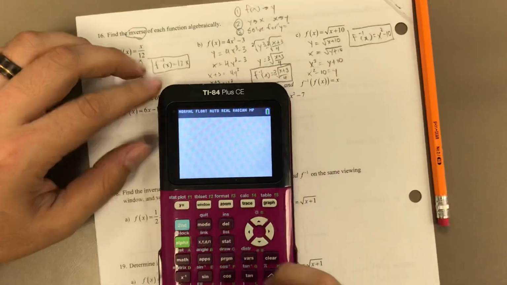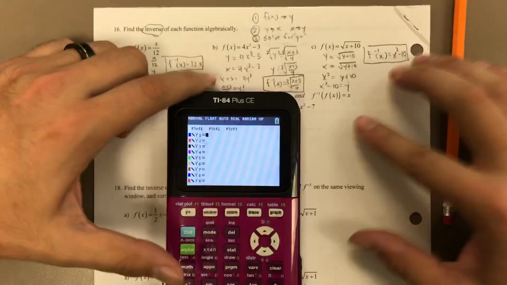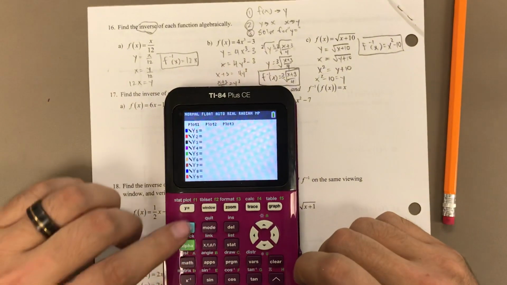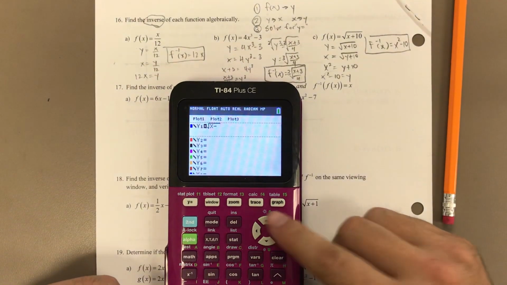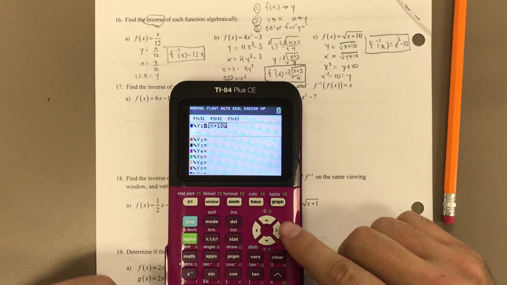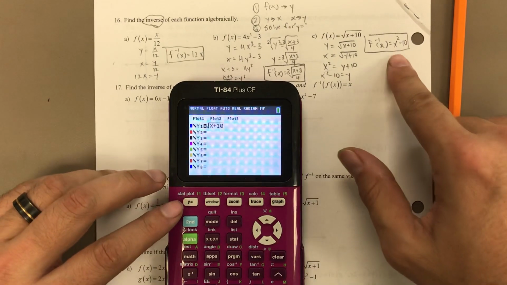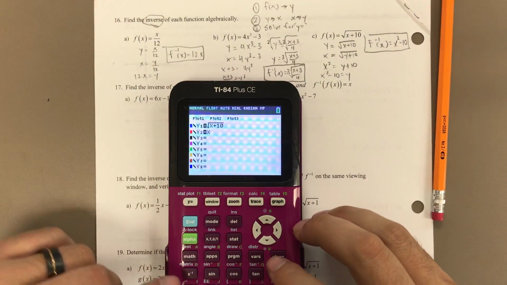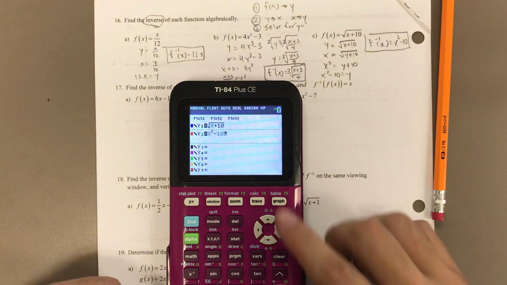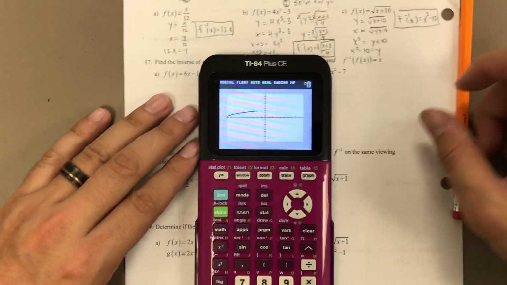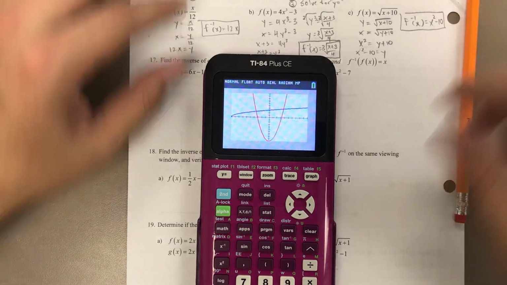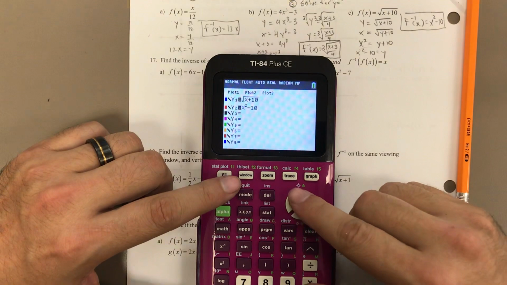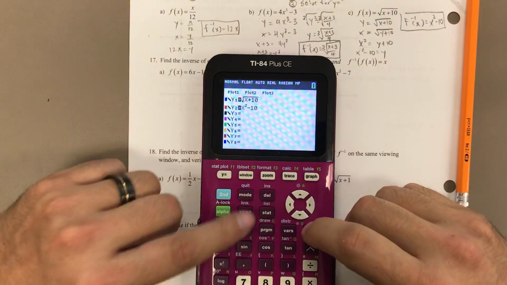If we graph the two of them out, just to make sense of all this, we do square root of x plus 10, my bad. And then graph the other one, x squared minus 10. So there's our square root. There's our quadratic. Notice that if we graph out y equals x, it won't be reflected over that line.